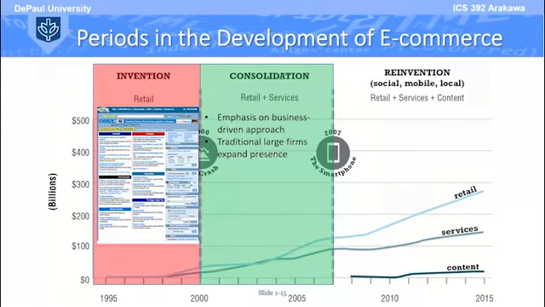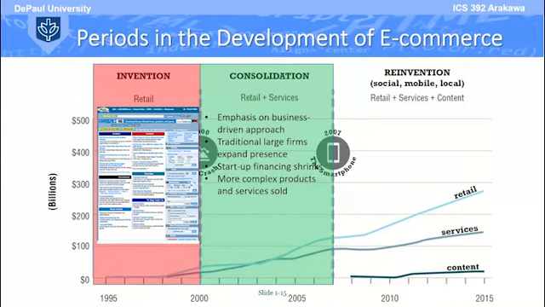Large firms, Walmart and Sears and Kmart, began e-commerce, or what we now know as a bricks and clicks strategy. The venture capital funds just kind of disappeared because there just wasn't enough successful businesses, and the risks were too great given the dot-com bubble crash of 2000.